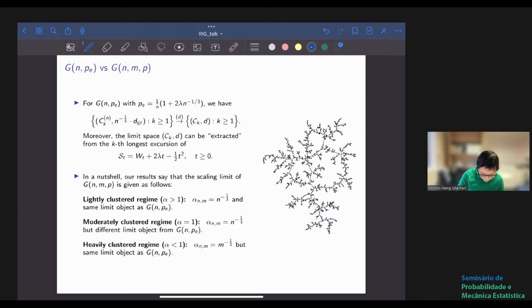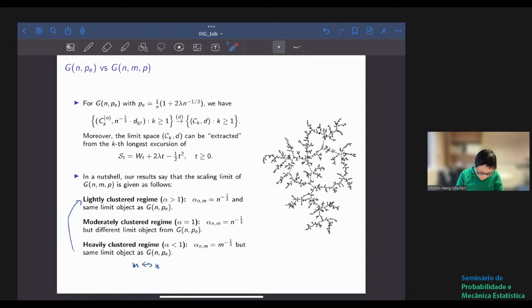If you look back at the bipartite graph, there's a symmetry between M and N. If you exchange the roles of M and N, the heavily clustered regime brings you back to the lightly clustered regime. So we can always reduce the discussion of the third case to the first one.